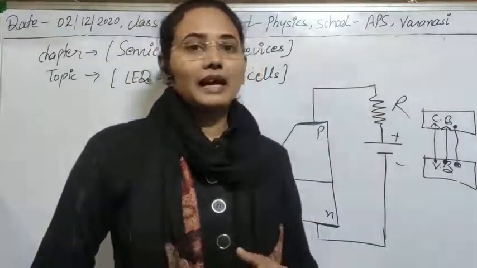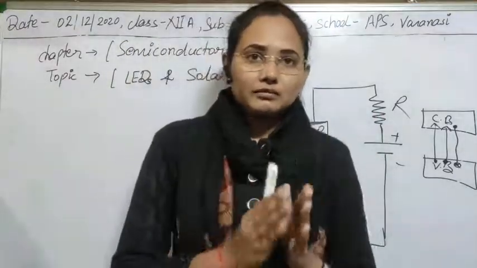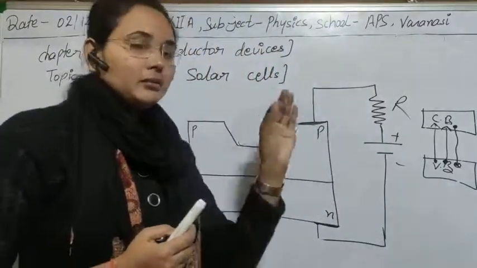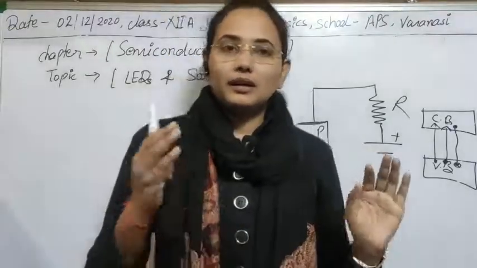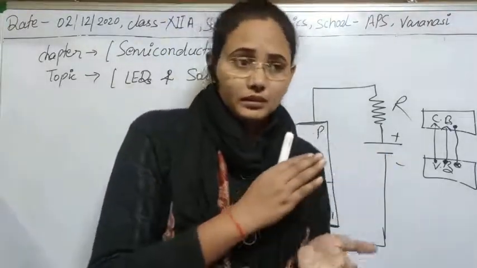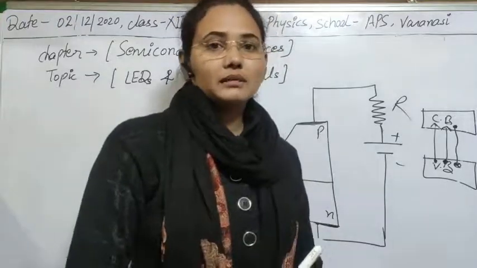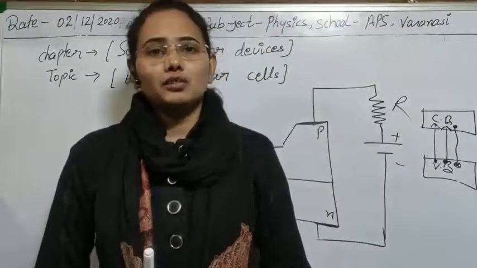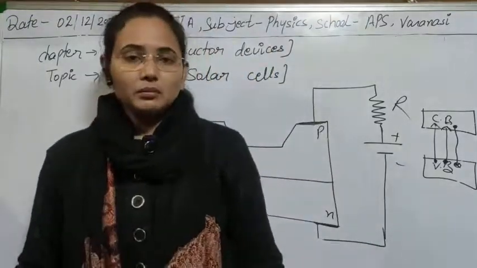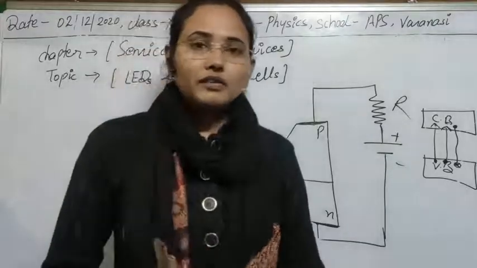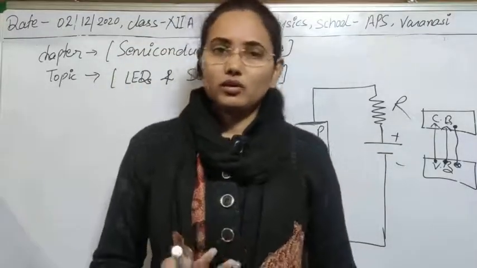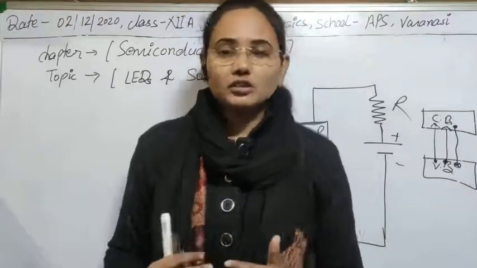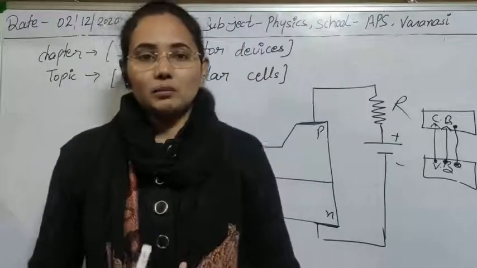Whenever an electron goes from its valence cell to a higher energy state, then after 10 power minus 8 second it comes back to its original, normal state, because every system wants to be in its comfortable state, its normal state, its ground state.